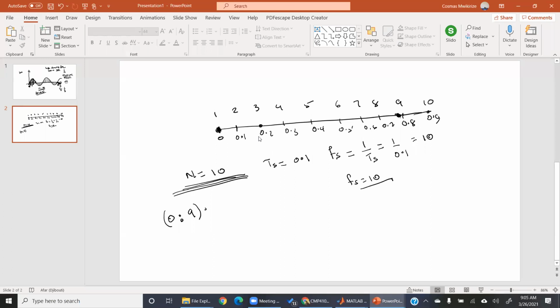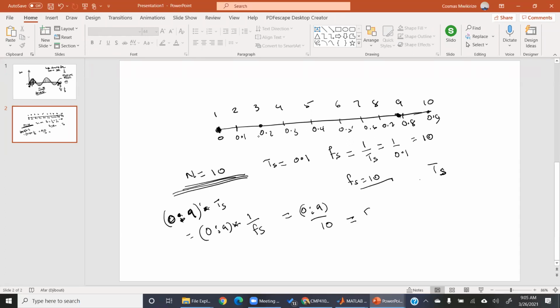But I know going from each point to the next, the distance between them is Ts, right? So I'm multiplying the whole array, 0 to 9, by Ts, which is 1 over Fs, which gives me 0 up to 9 over 10.